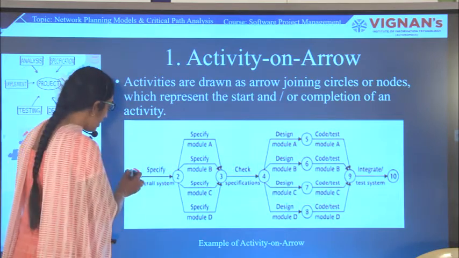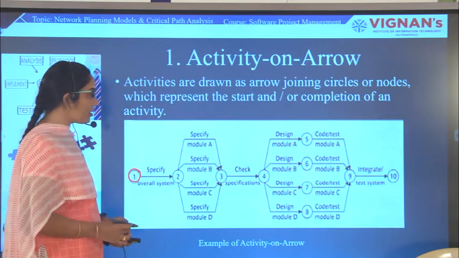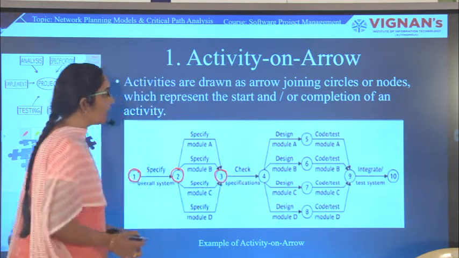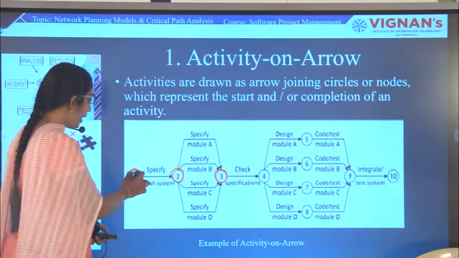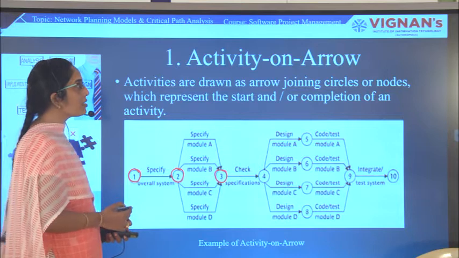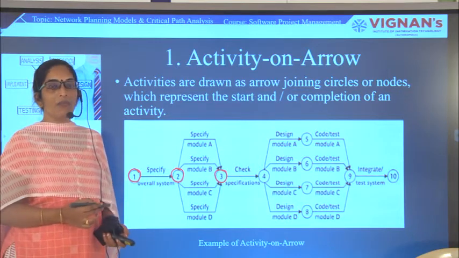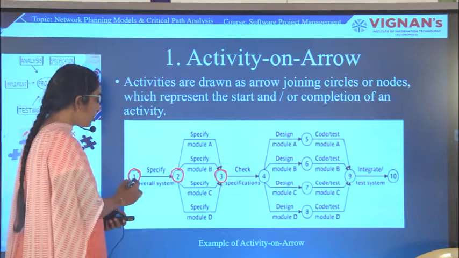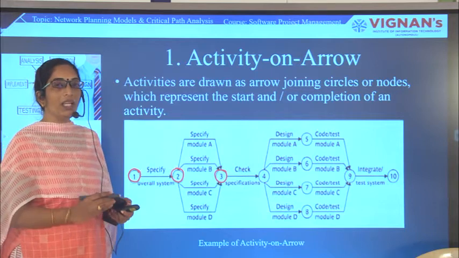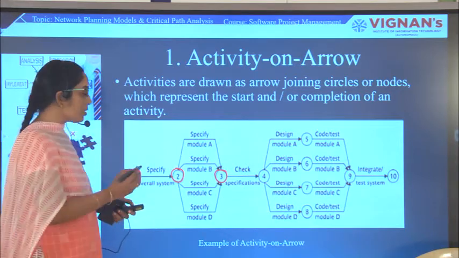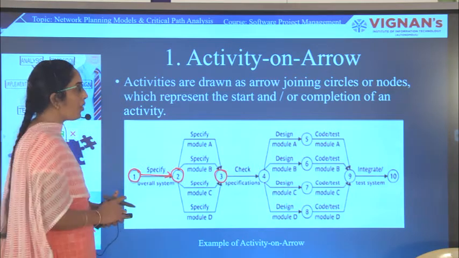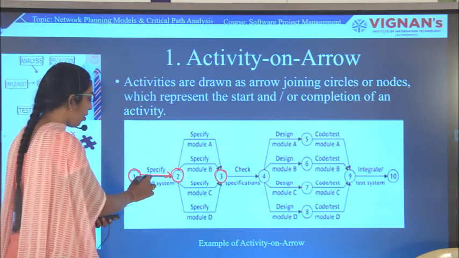Here the ones represented in circles, from 1 to 10, are nodes, and the activities are specified by arrows. Why do we call this activity on arrow? Because the nodes have to perform some activity, and what activity these nodes have to perform is specified on the arrow. That's why this type of network is called activity on arrow.